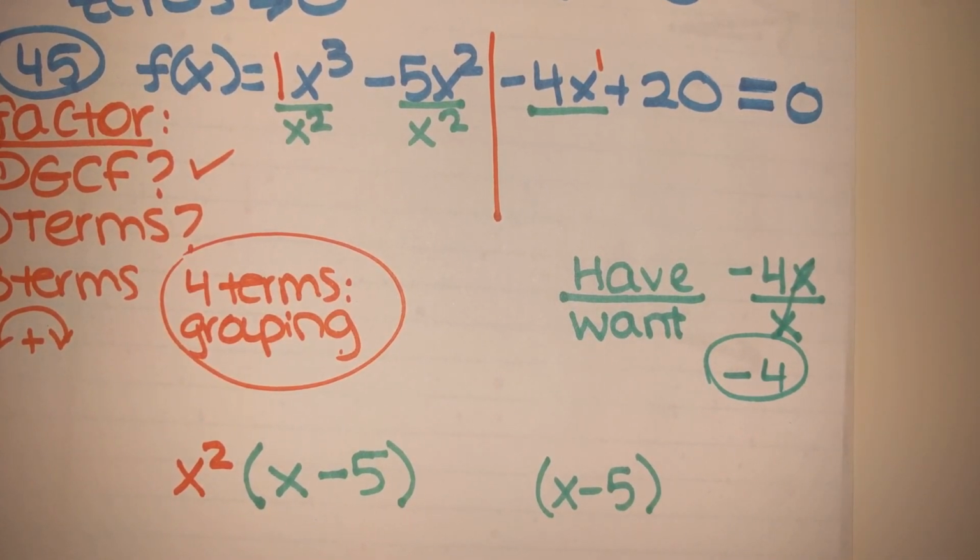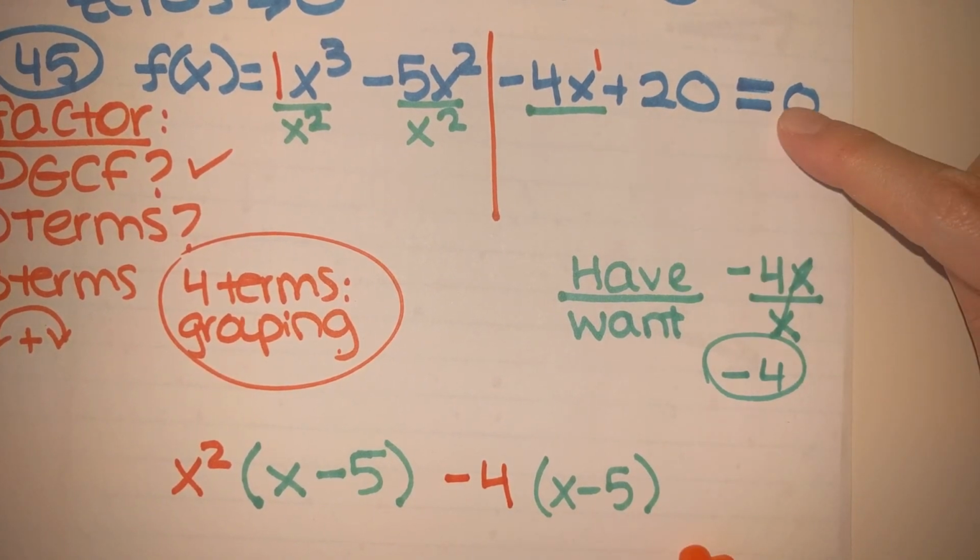So what I have divided by what I want shows me that I want to bring out a negative 4. And you'll notice that if you take out the negative 4, you do get negative 4x plus 20 when you FOIL it out.